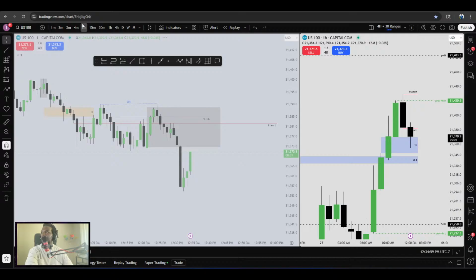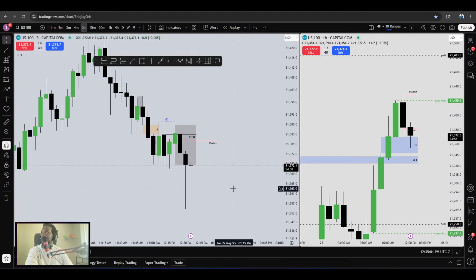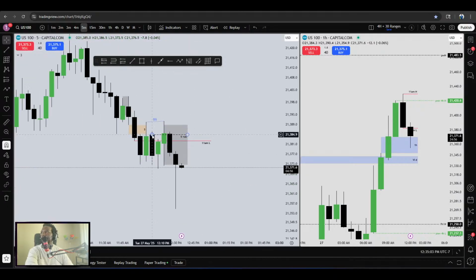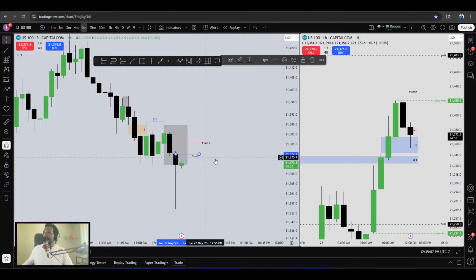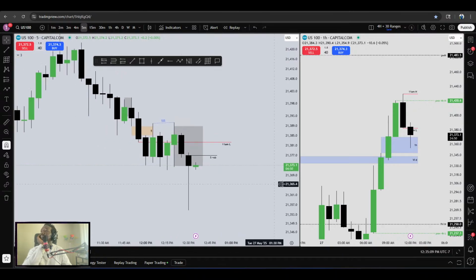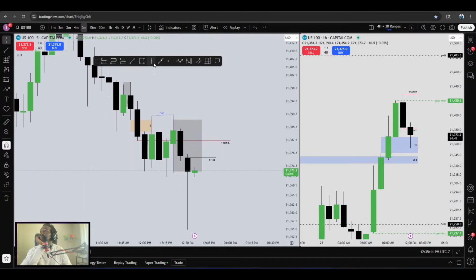We still have to wait for a 5 minute order block. Exactly. So if we can close above that one, we can fulfill that order block. And look at what we have here. That gap over there. So if we can close above it, that'll be nice.